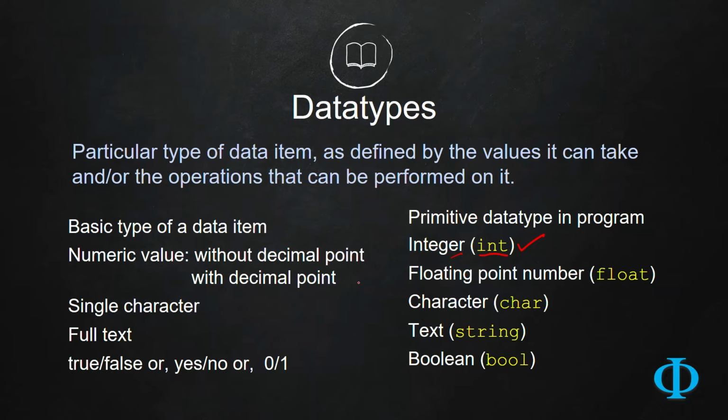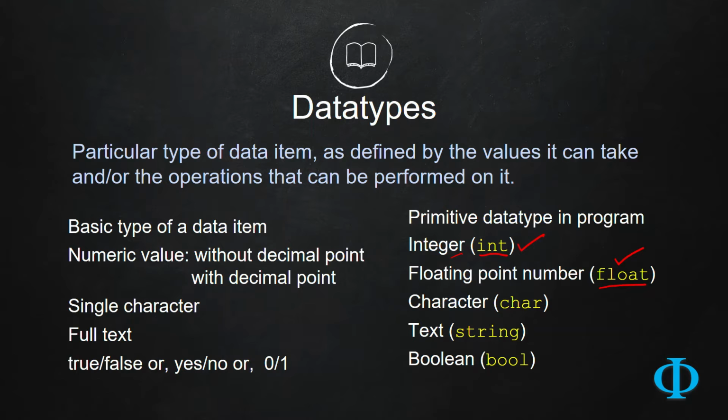When the number has a decimal point, we call it a floating point number, or float. In C++ programming, we denote it with the float keyword, F-L-O-A-T.